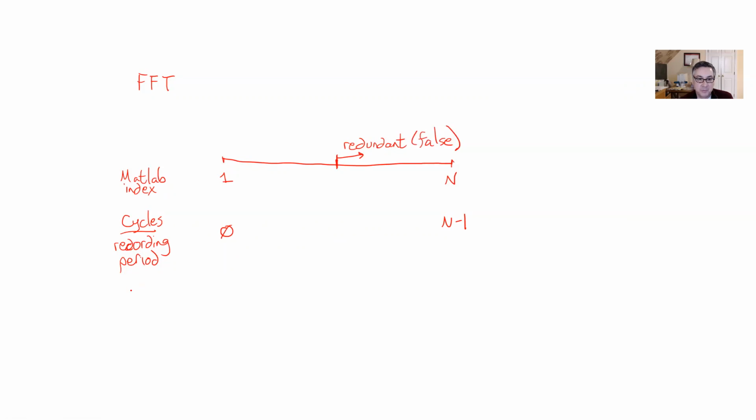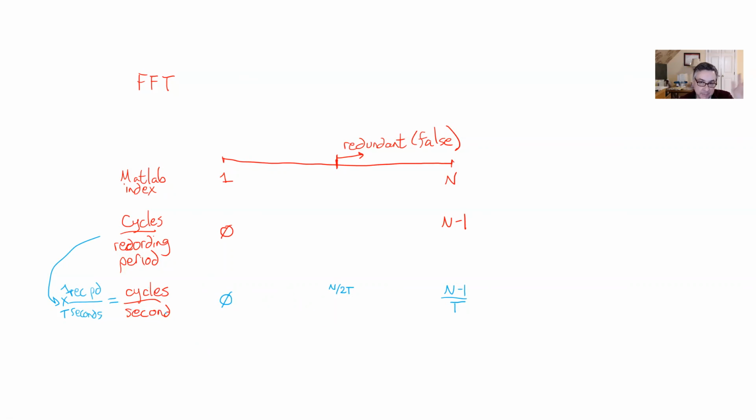To get to cycles per second, we would take this and divide by the recording period, which we'll call capital T seconds. That gives us a scale that goes from 0 up to n minus 1 over T, and of course this is roughly n over 2T at the halfway point.